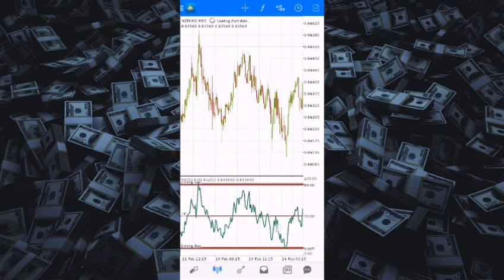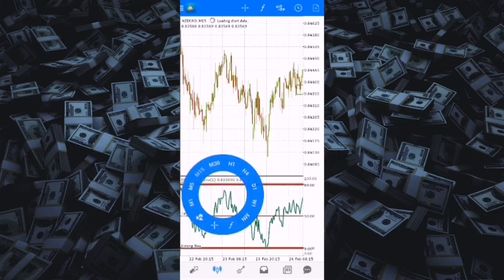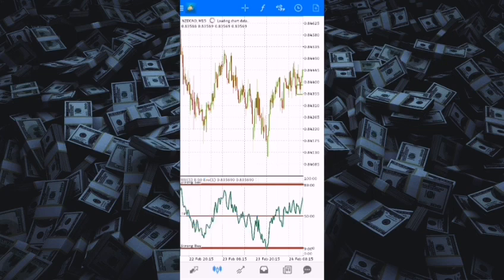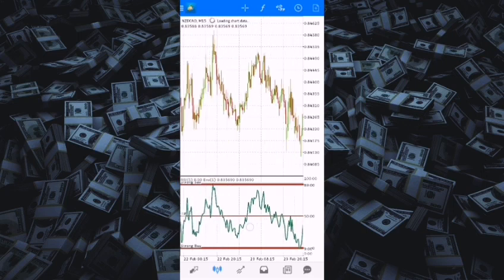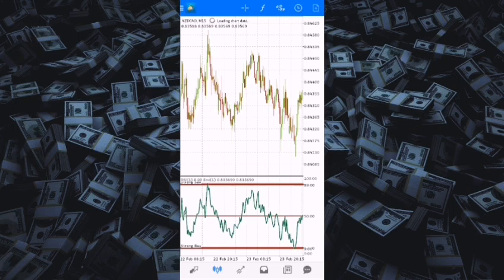Let me just find an example right here inside the blue circle. If I move it back, it jumps to touch the strong sell zone, but if you move it forth, it moves away from the strong sell zone. So that's not a valid signal.